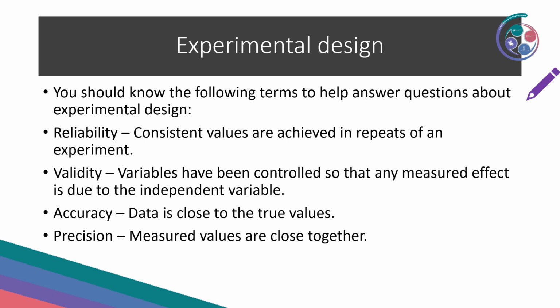However, that would not be precise. A precise study would be looking for values as close as possible to that true value. So for a true value of 0.5, our precise values would be like 0.47 or 0.49 or 0.48, as close as possible to that true value.